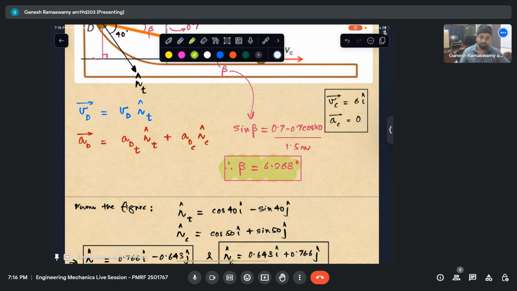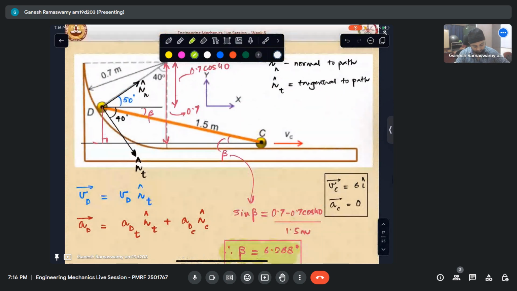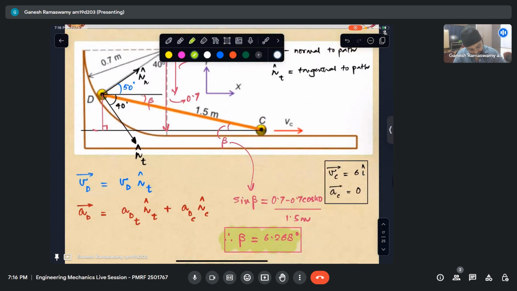Okay, so in such a case, if we take this position vector r of c with respect to d, it will have this as the x component, which is positive, which will be 1.5 cos beta. This is the x component, and then this is the y component, which is negative, which is minus 1.5 sine beta.